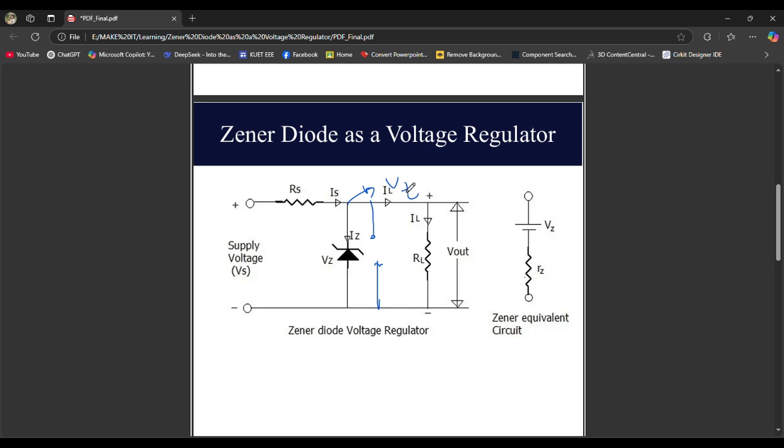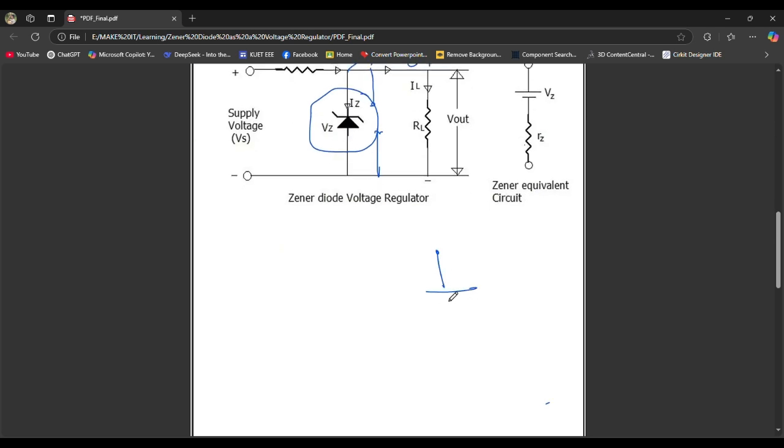And we have this Zener diode, but with this we also have the current limitation. Iz is not only a single value, we have a range of Iz, that is Iz minimum to Iz maximum, right? So what is Iz minimum and Iz maximum?